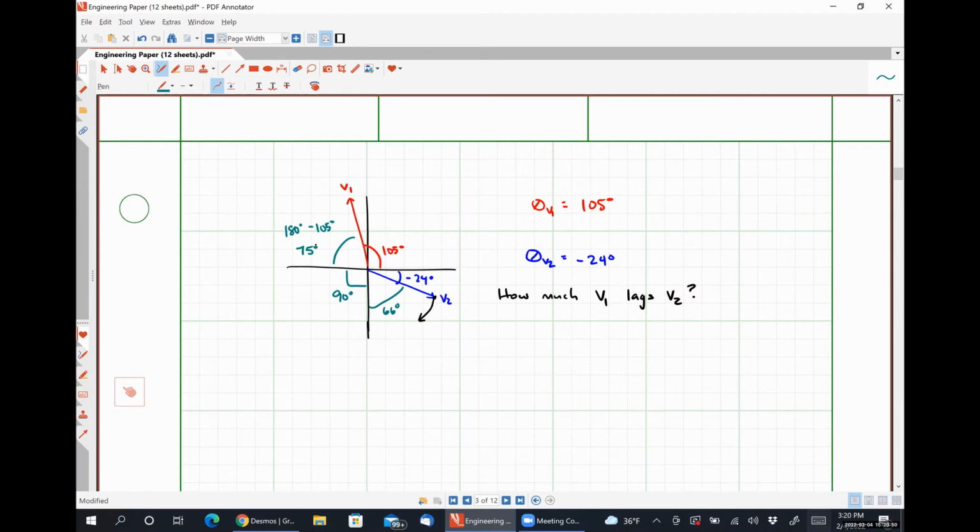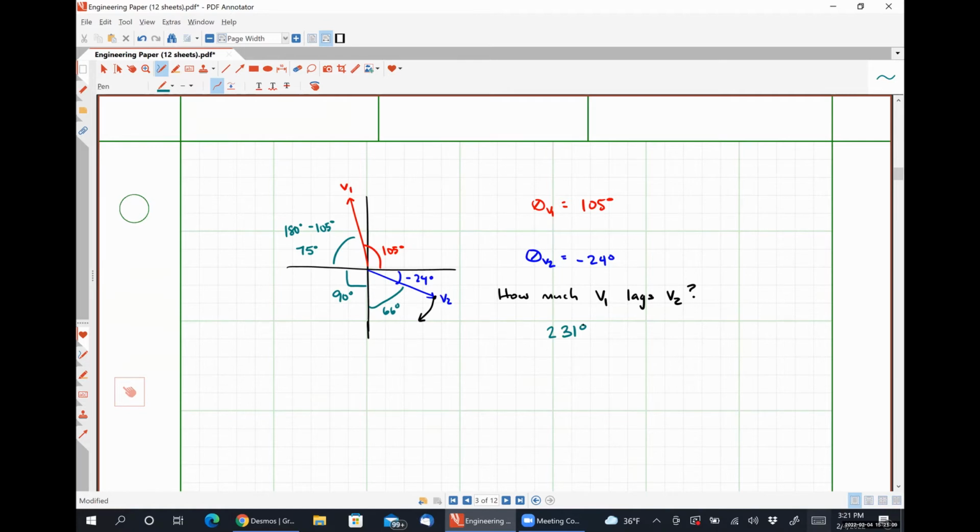And I would just add those three together. So let me just make sure 90 minus 24 is that, so I don't make another mistake. Yeah, 66. So 66 plus 90 plus 75 is 231 degrees.